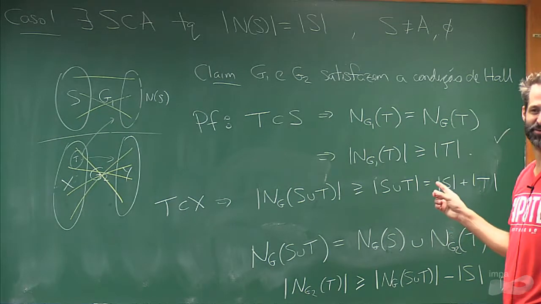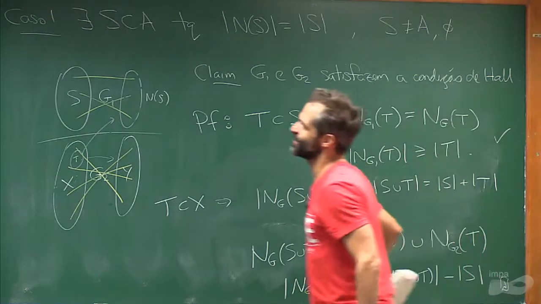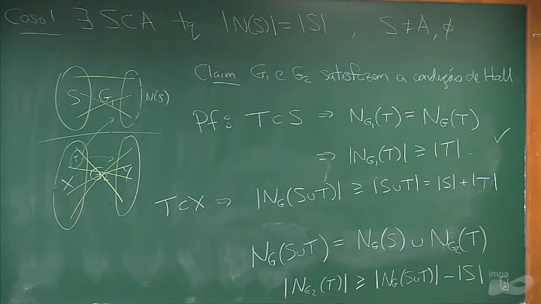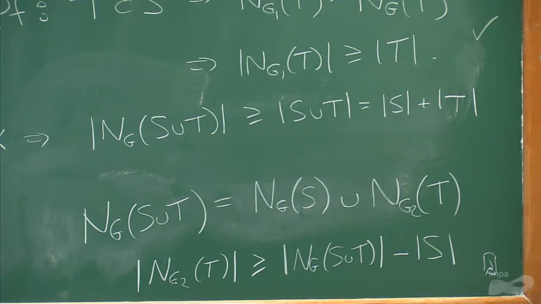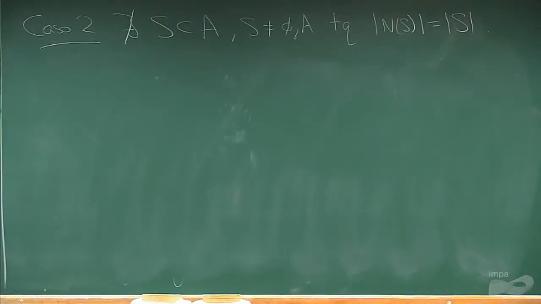So that's the proof in case 1. How do you prove case 2? I'm going to do case 2 here instead. So the only sets where you get equality are the empty set and everything.